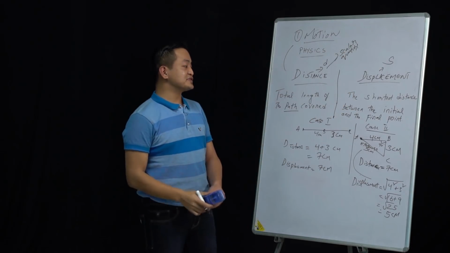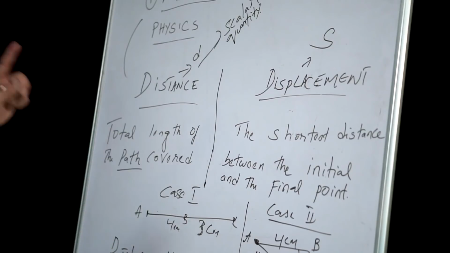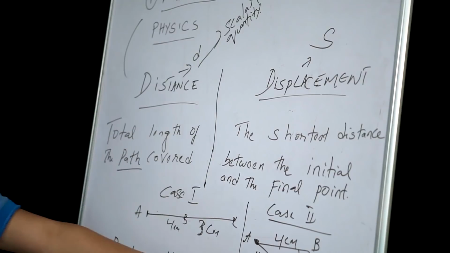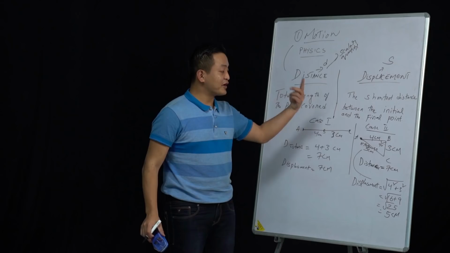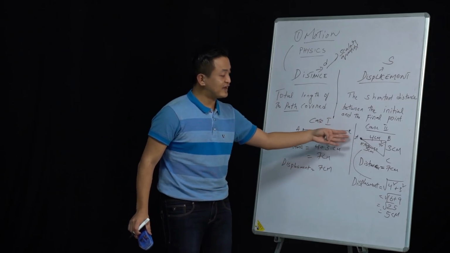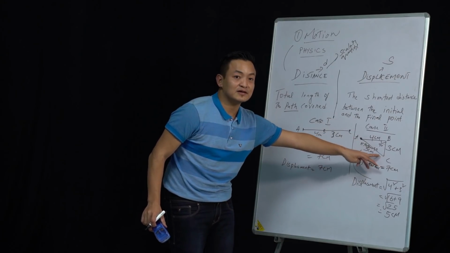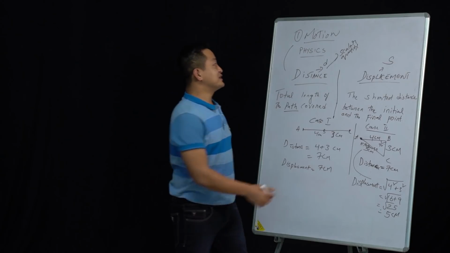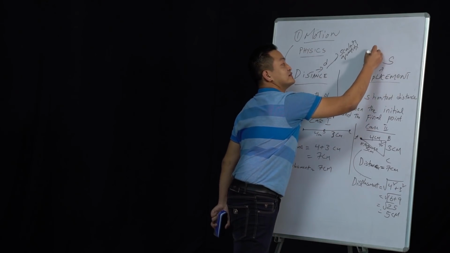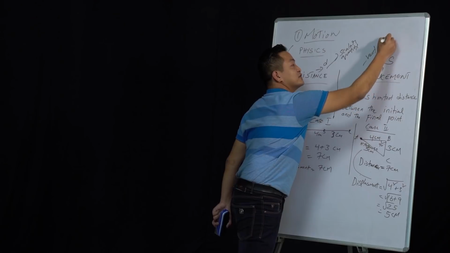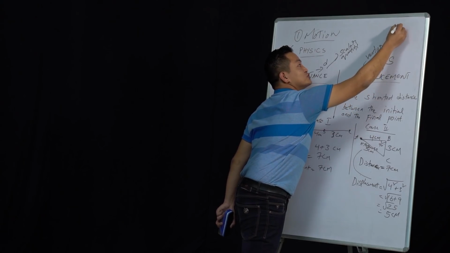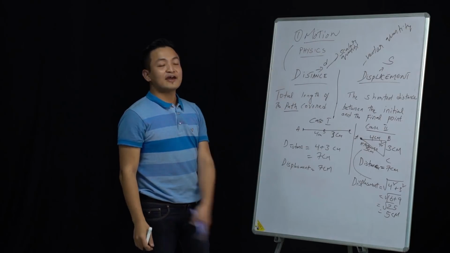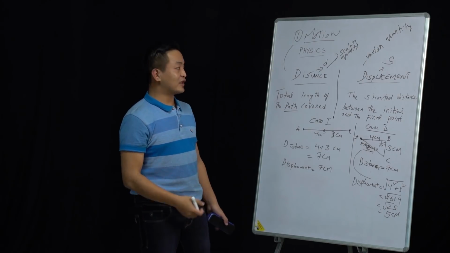But displacement is dependent on magnitude as well as direction. Magnitude means the unit, the numbers. Direction means here displacement has applied the shortcut to reach C. Instead of 7 centimeter, we're getting 5 centimeter. So displacement is a vector quantity. You should get used to all these names because from now on, we'll be applying everything in our following chapters as well.